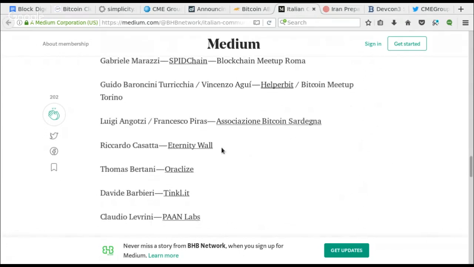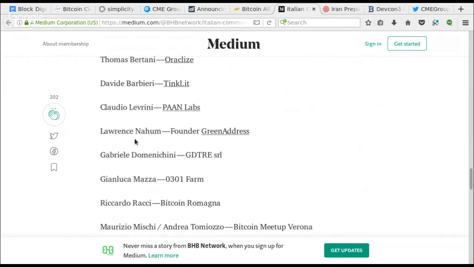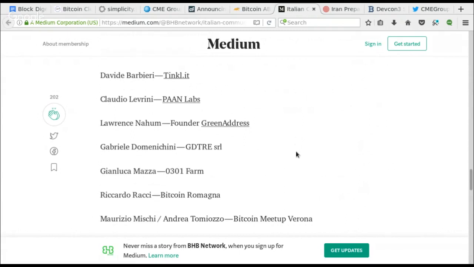And Eternity Wall, Oracleize, Tinklet, Pan Labs, and the founder of Green Address, who is also the nice person who brought us AB Core, which allows you to run a full node on your phone if you care to do that.